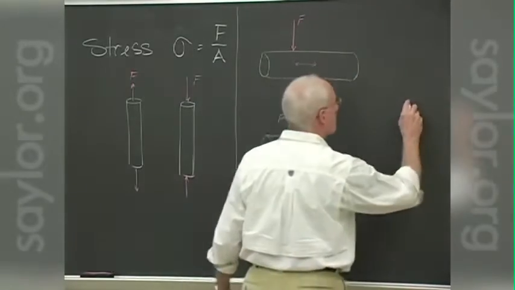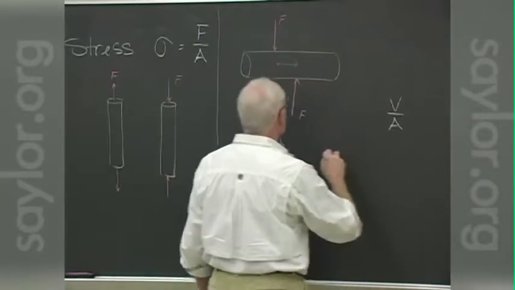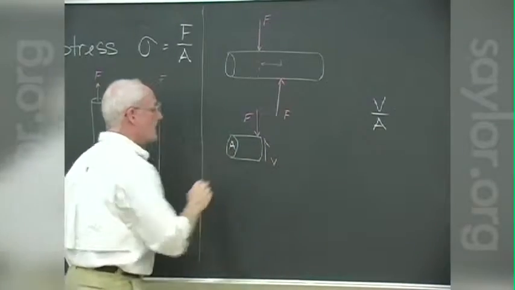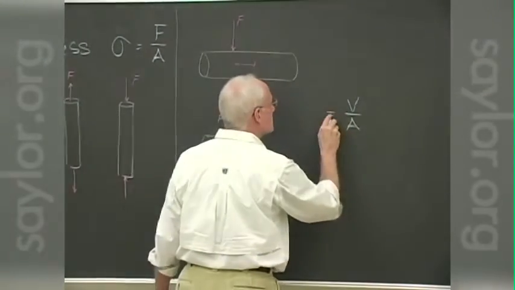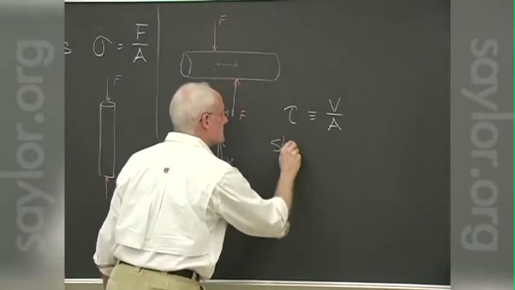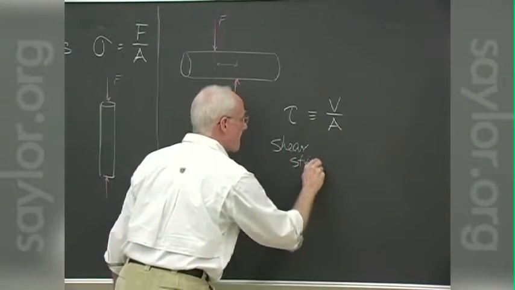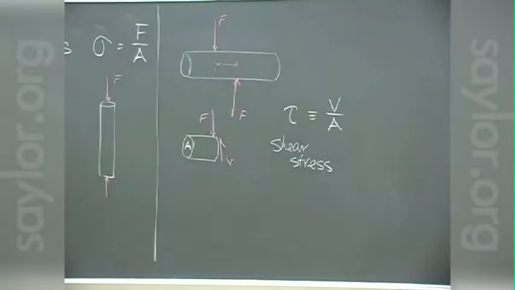But it's still the ratio of the two, the force over the area on which it's acting, that is our concern. In this case, the force is not normal to the area, but parallel to the area. This is known as shear stress. Since we're assuming a uniform distribution of the force across that area, we're specifically talking about average shear stress.